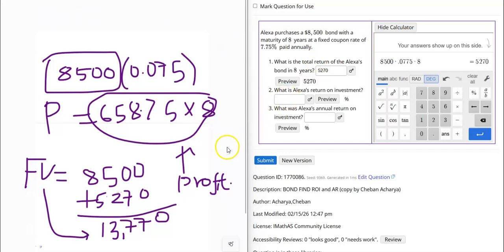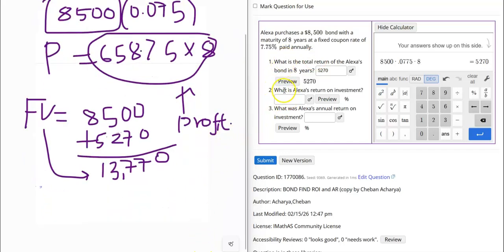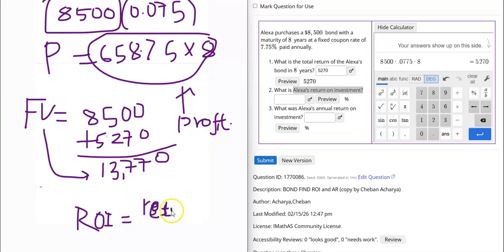Now question number 2, to find the Alexa return on the investment. This is called ROI, return on investment, which is the profit or return. Remember that return is future value minus principal or present value. That's the investment in the bond. Or you can just take the return divided by the present value.